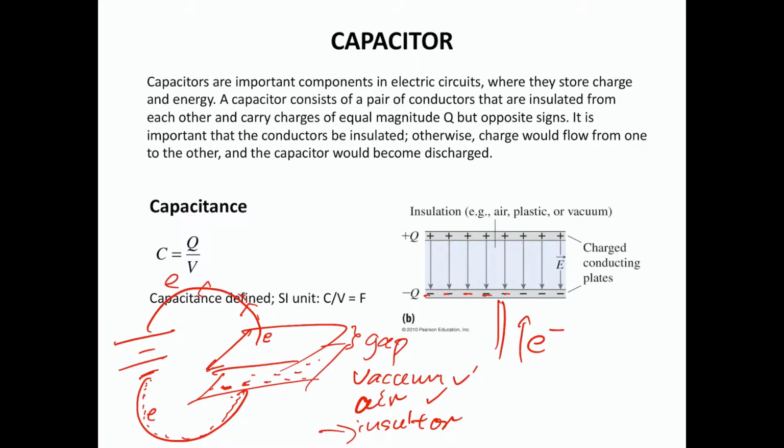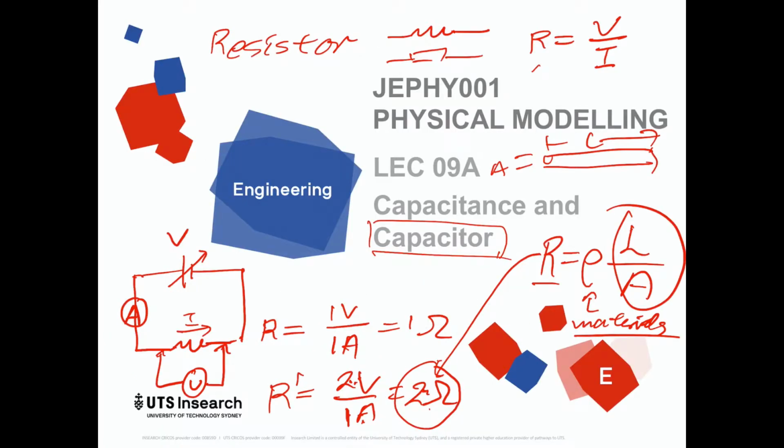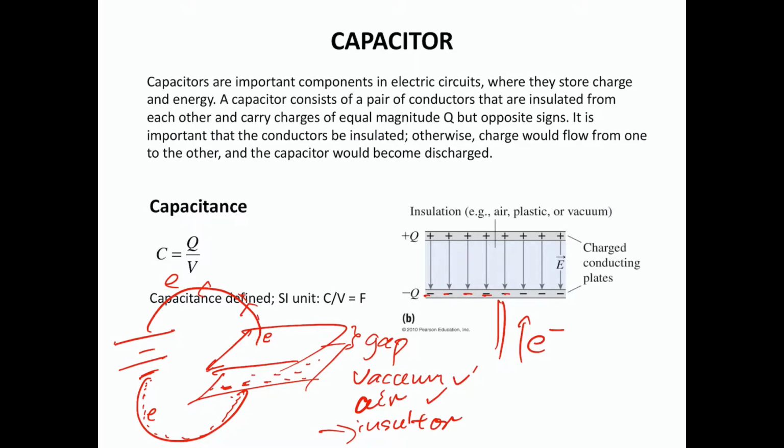So yes, there will be a current, but this current will not last forever, unlike a resistor, where you can keep putting current in until your battery goes flat. Initially you get some current, with electrons accumulating here, but eventually it will produce its own voltage.